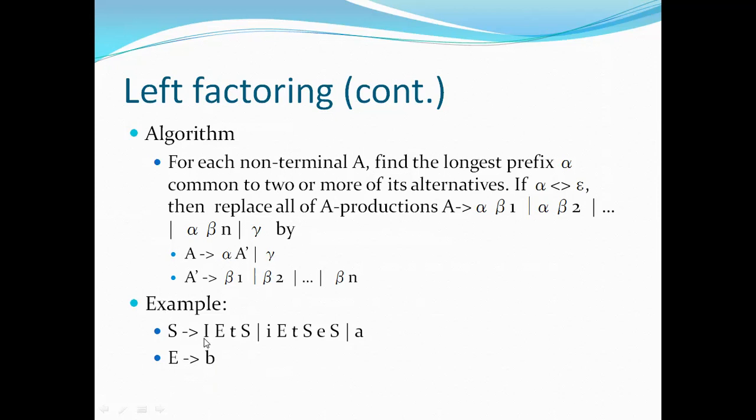S produces if expression then statement, and the second production is if expression then statement else statement. In this example, this is a common prefix, so we can say this grammar is non-deterministic. We can eliminate the non-determinism, converting the non-deterministic grammar to deterministic, by using left factoring.